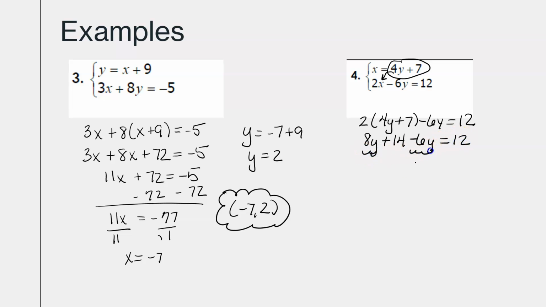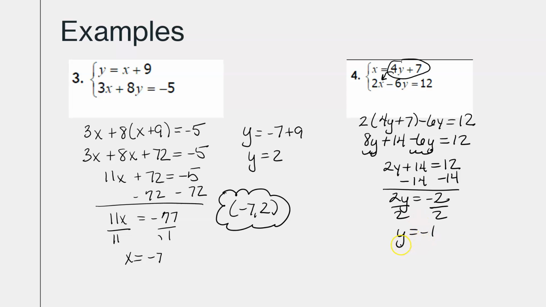I'm going to combine those like terms. So I have 2y plus 14 equals 12. I'm going to subtract 14. So I have 2y equals negative 2. Divide each side by 2, so then I have a y value of negative 1.